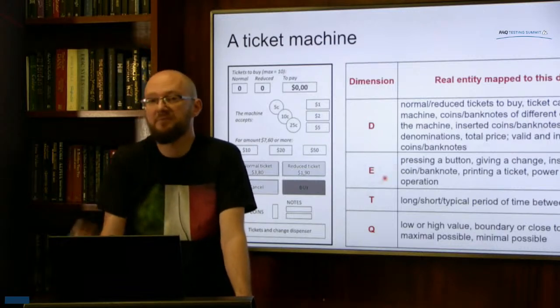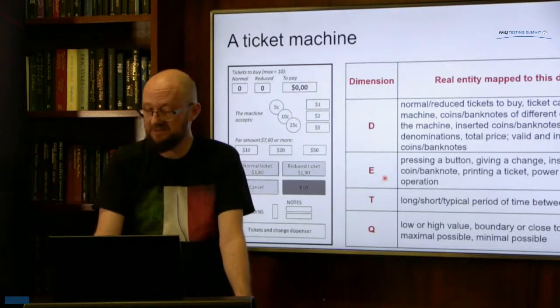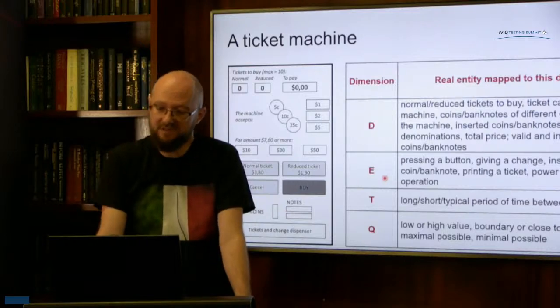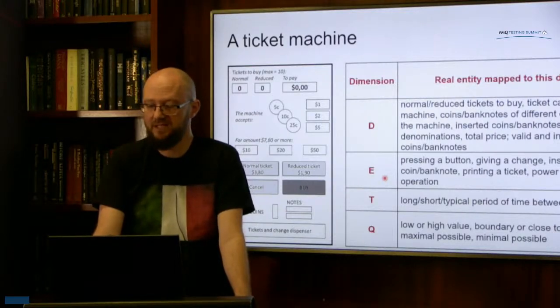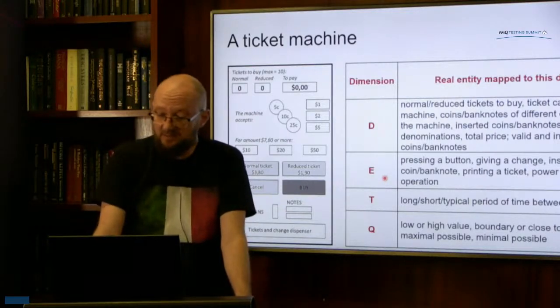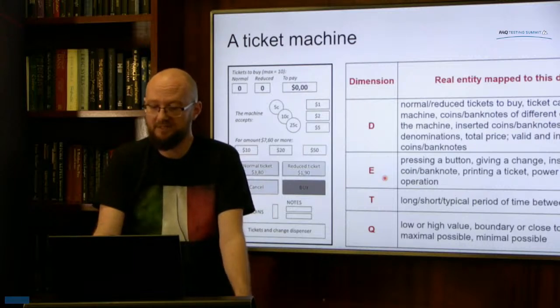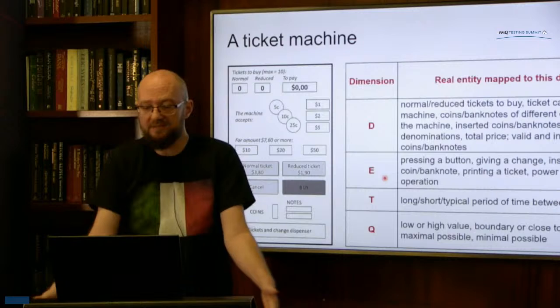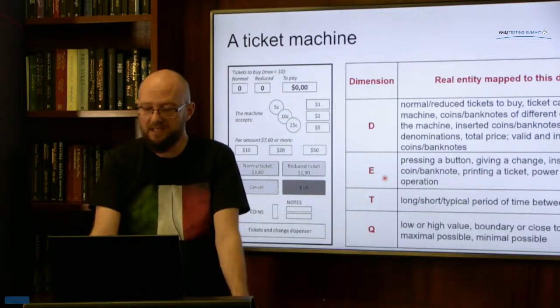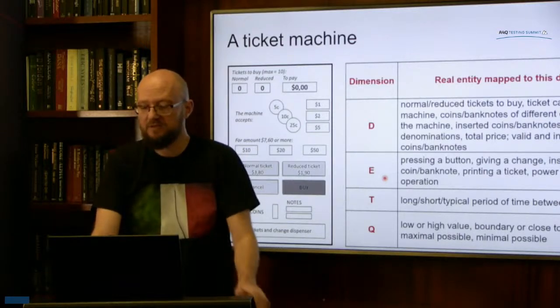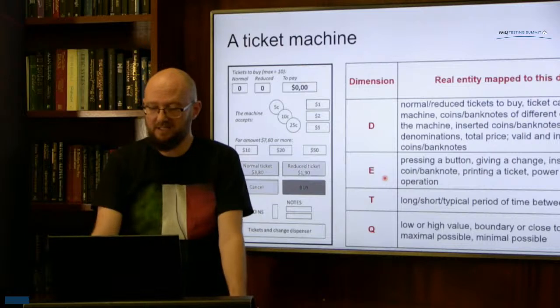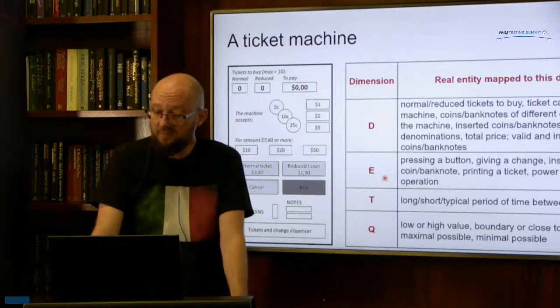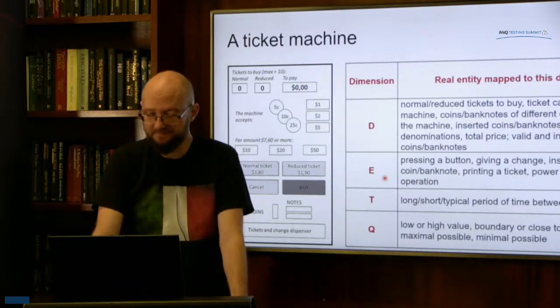Well, if someone presses a button, this is an event. When the machine gives a change, this is an event. When someone is inserting some coin or banknote to the machine, printing the ticket is the action, the behavior of this machine, it's an event. Switching it on and off is a kind of event. Canceling the operation is also an event.